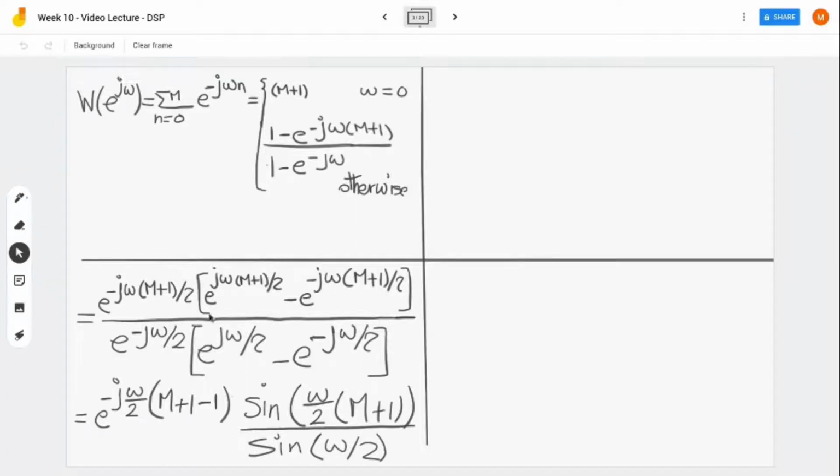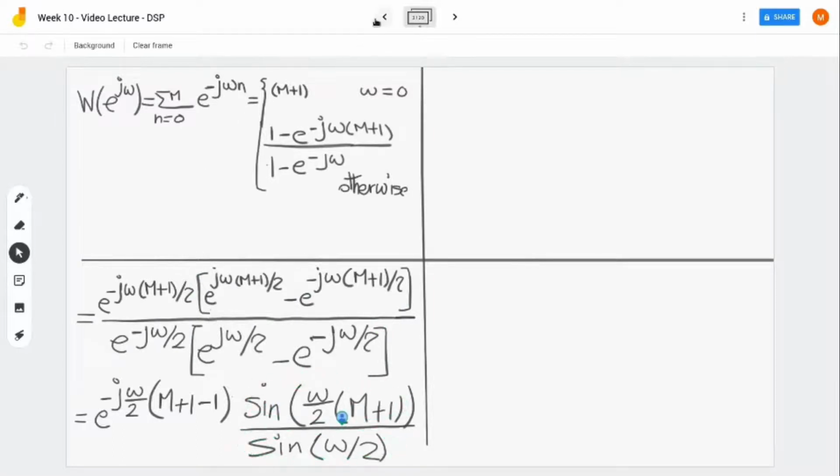This term is simply 2j sine, and this term is another 2j sine. So simplifying, we will get sine of omega by 2 times (m plus 1) over sine of omega by 2.